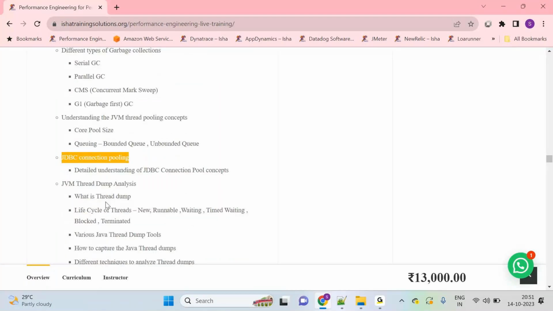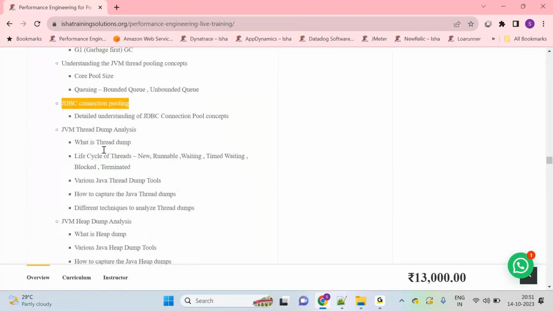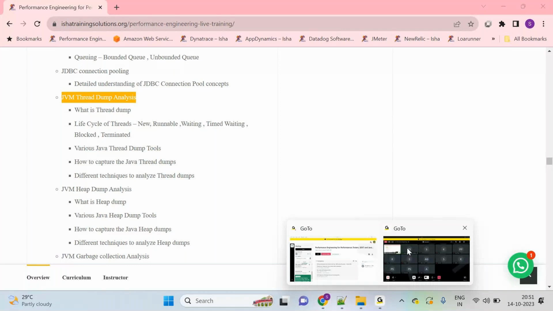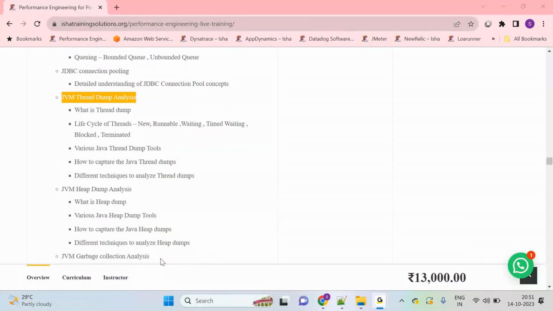And then the very important topic, JVM thread dump analysis. That is what I told you. During an interview or any discussion, people will check how strong your knowledge is with respect to these topics, so we are going to cover these three topics in a detailed way.